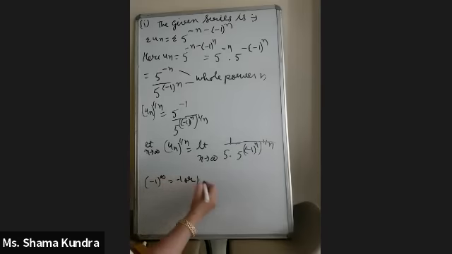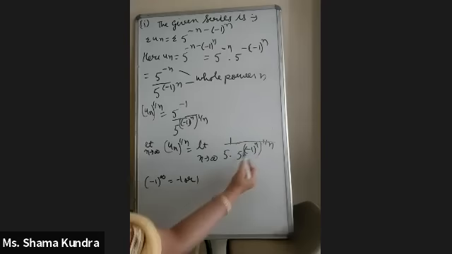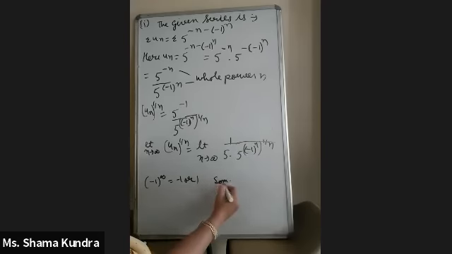If n is even, it is 1. If n is odd, it is minus 1. And this is minus 1 or 1, which means something, and over n means something over infinity. It is 0.